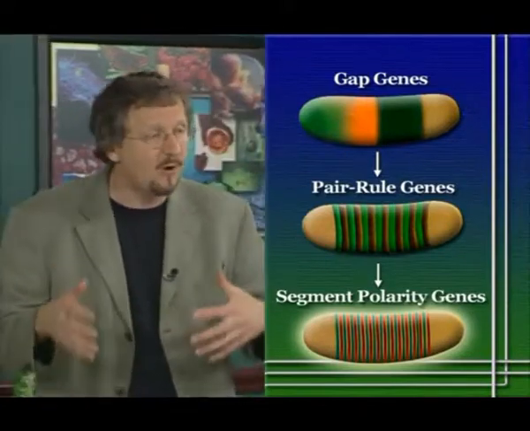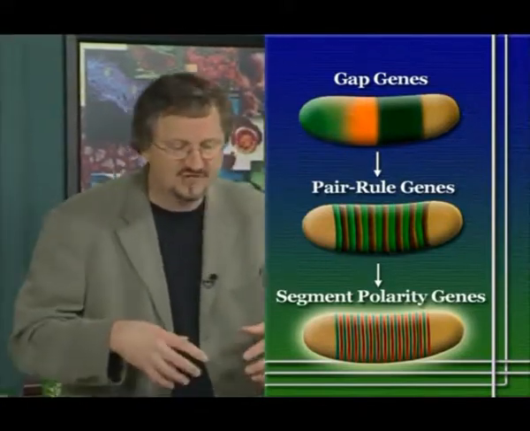The point here is that what we're seeing in this cascade of gene activation is not the expression of the proteins themselves that the animal is going to be built out of, but instead the expression of transcription factors. And as we go further down this cascading hierarchy, what we get is an increasingly refined pattern of regulatory gene expression. That is a more complex pattern along the anterior to posterior end of the embryo.